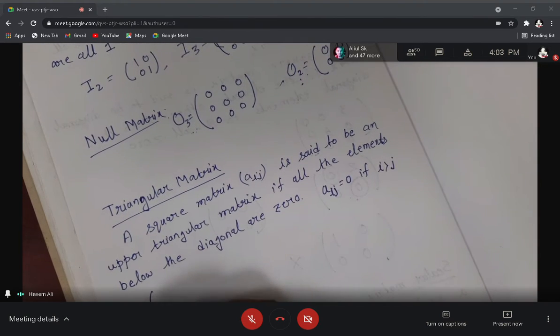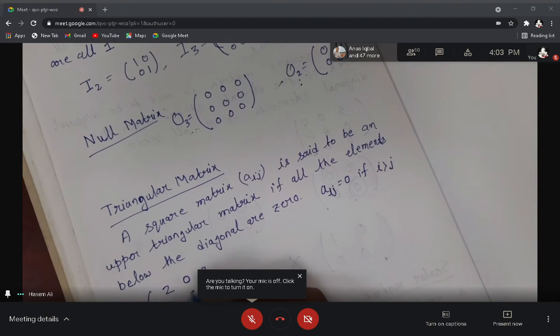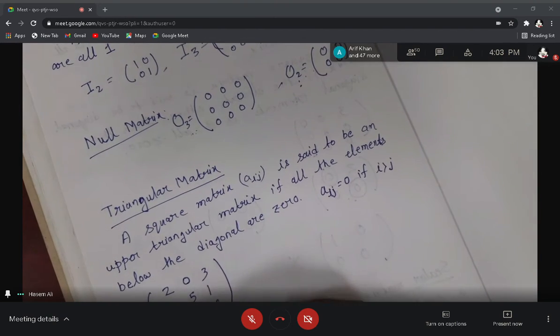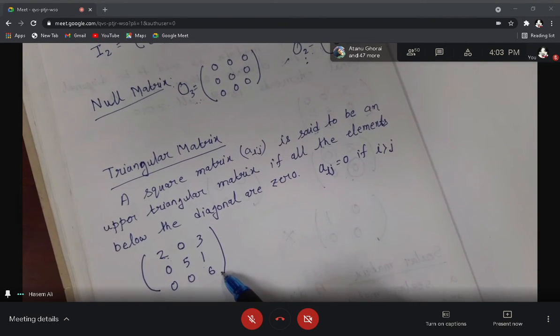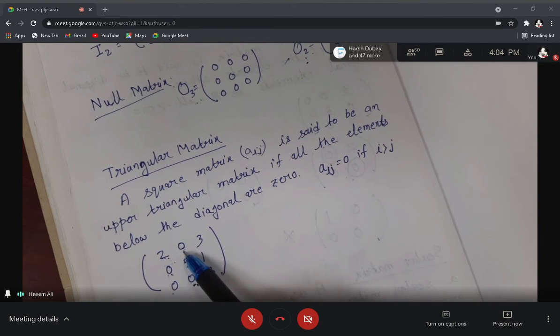As an example, let 2 3 2, 0 5 1, 0 0 6. The diagonal is 2, 5, 6, and all the elements below the diagonal are 0. That means A21, A31, and A32 are all 0. The elements above may be 0 or non-zero, but the condition is that all the elements below the diagonal are 0.